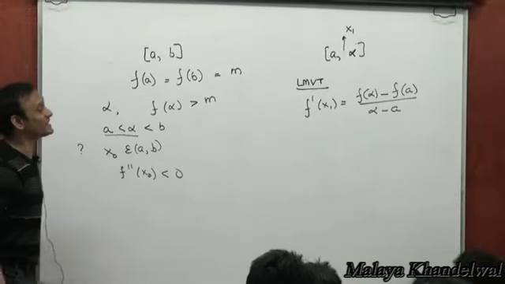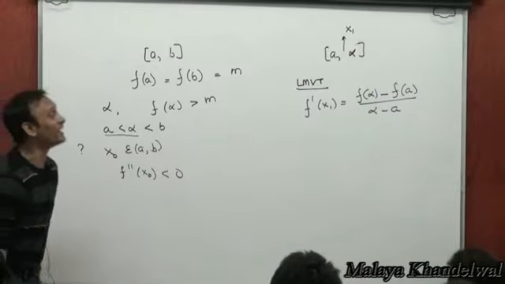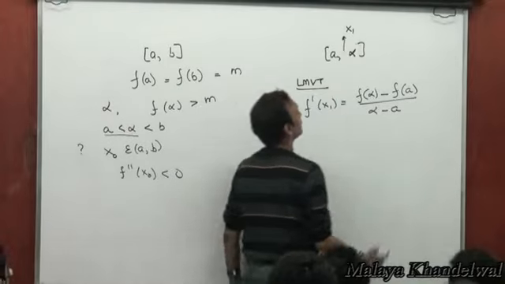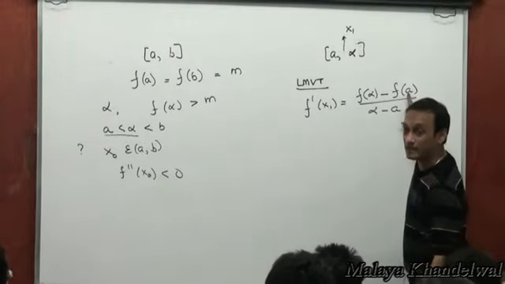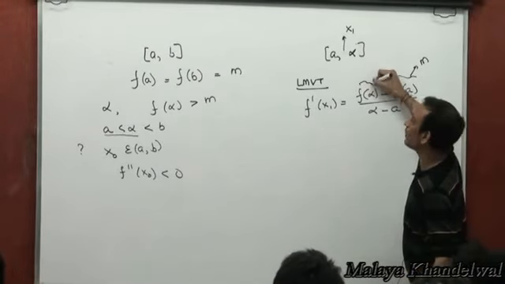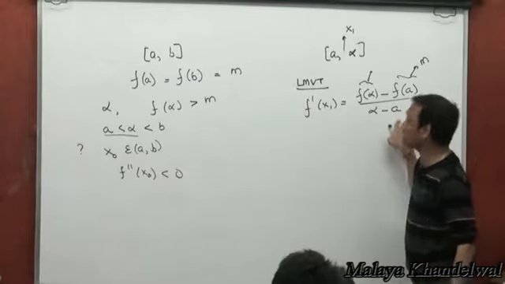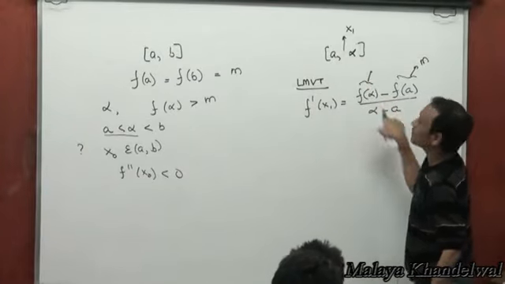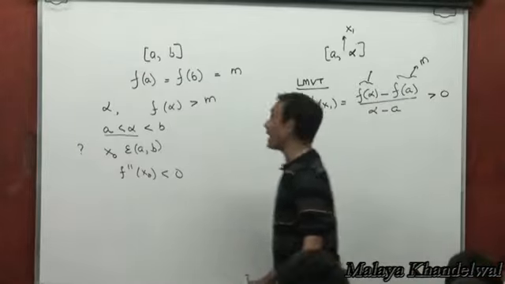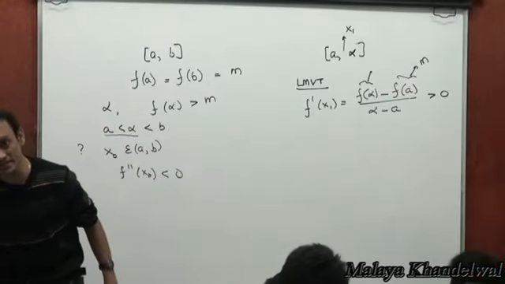But f(a) is m, given in the problem, and f(alpha) is greater than m. So this is positive. And alpha is greater than a, because it's to the right. So this is positive. There exists an x1 between a and alpha for which f dash x1 is positive, right?